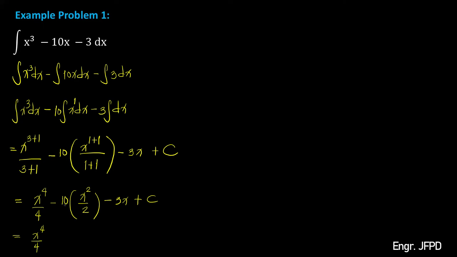Then for the 10 over 2, that is equal to 5, we have now minus 5 times x squared minus 3x plus c. And this will be our final answer for the integral of x cubed minus 10x minus 3 dx.